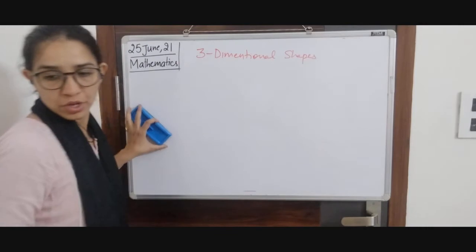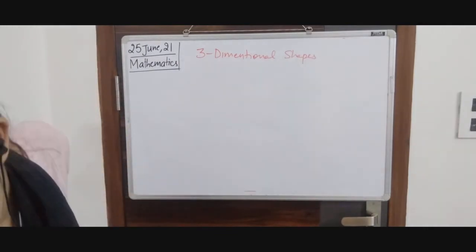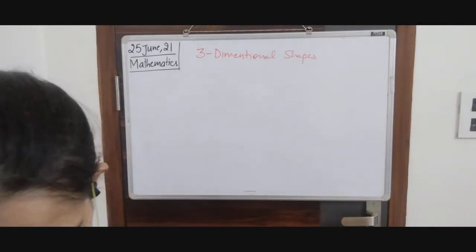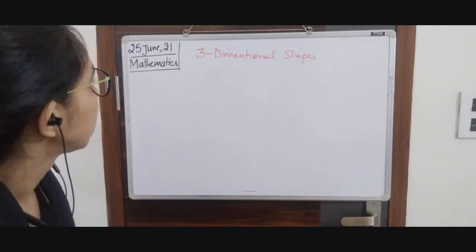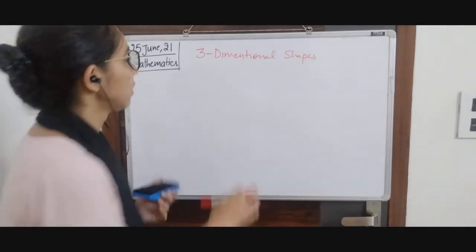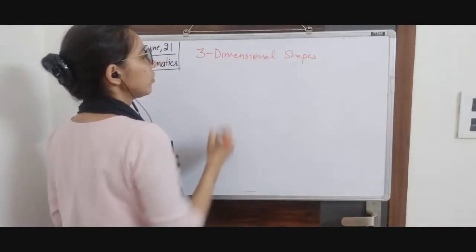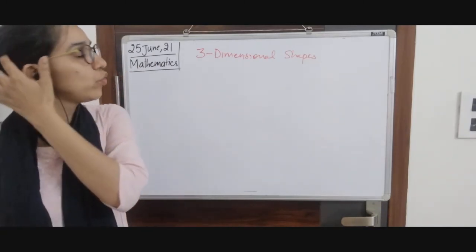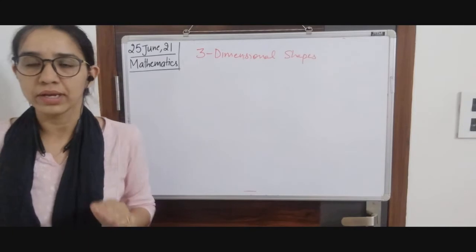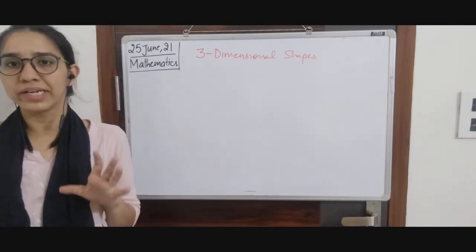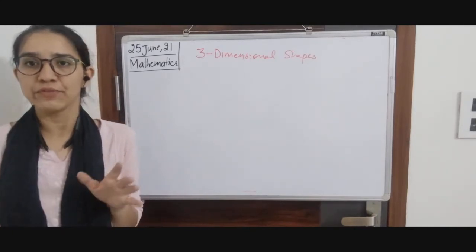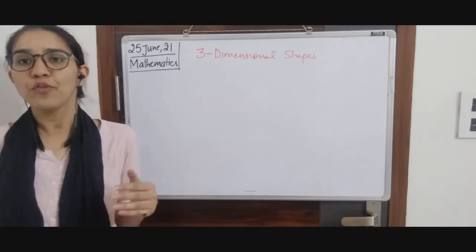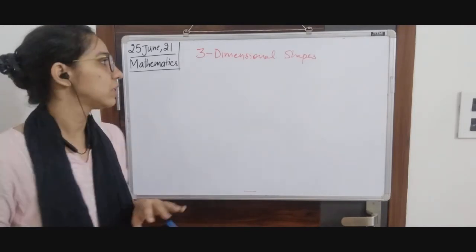Till now we were talking about two-dimensional shapes, whether it was triangle, whether it was quadrilaterals or any polygon, they were two-dimensional shapes. Now we are moving on to three-dimensional shapes.